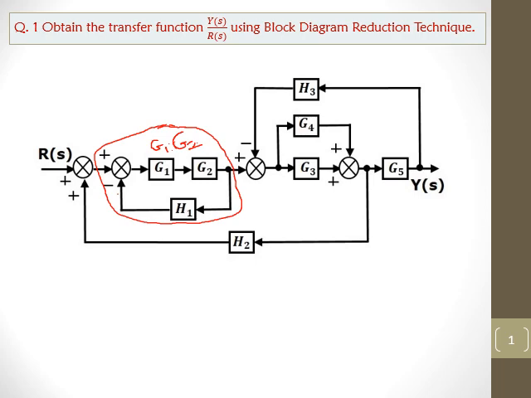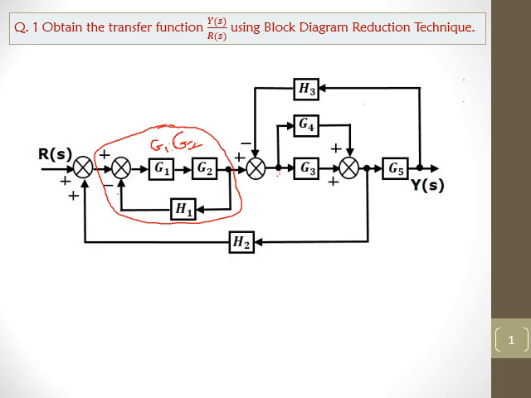Okay, now look at this. Here a summing point is there, here a takeoff point. So we will not shift the summing point or takeoff point, because we would have to apply rule number 8 or 9. So what we will do, look at this. Here G4 is a parallel path that is connected across G3. Why am I saying parallel path?